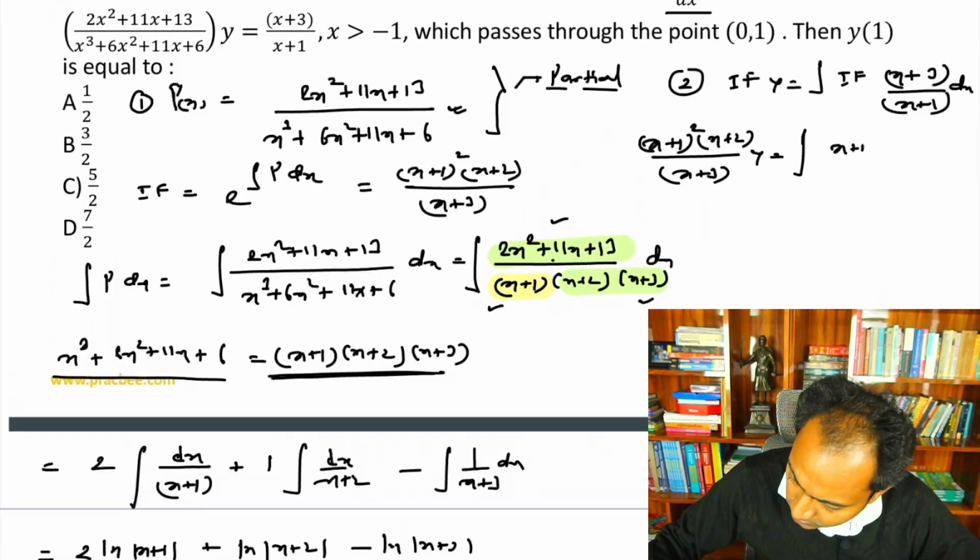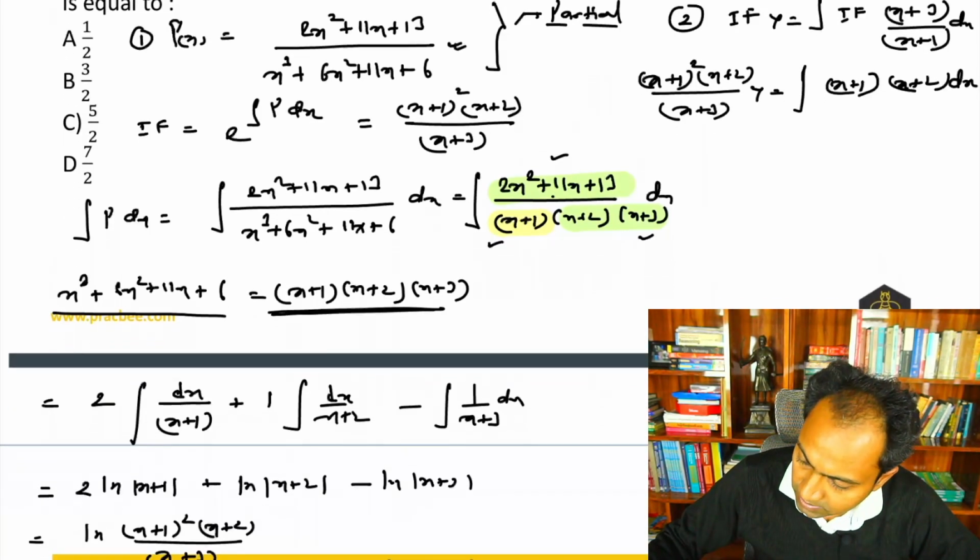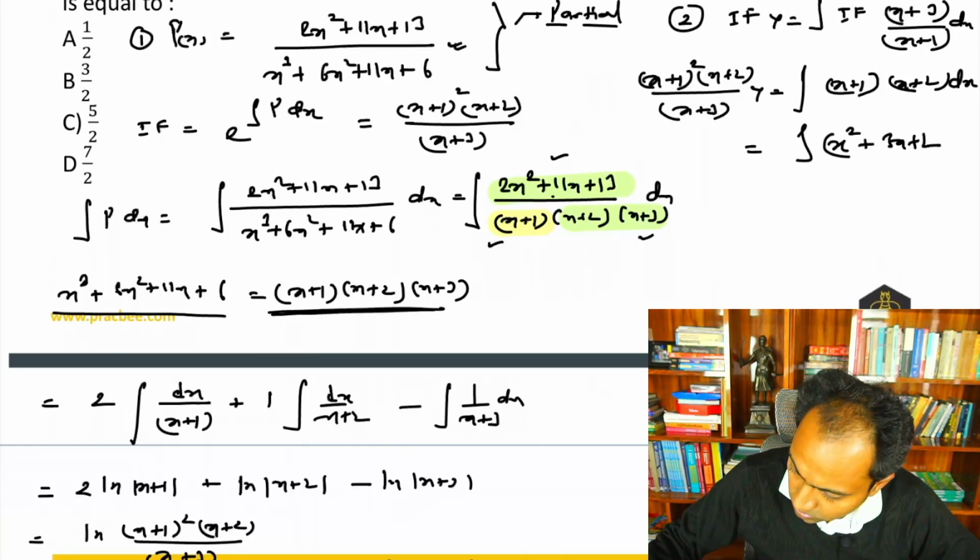So one x plus 1 will remain and x plus 2 will remain. So once I simplify this, I can write this as integral of (x square plus 3x plus 2) dx, which in turn will become x cube by 3 plus 3x square by 2 plus 2x plus c.